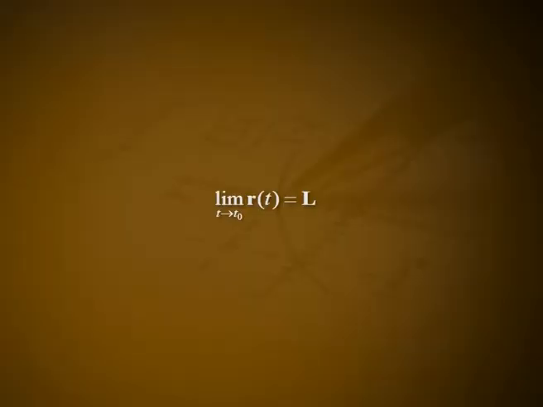We say that r has limit L as t approaches t₀, and we write the limit as t tends to t₀ of r(t) = L, if for every number epsilon greater than 0 there exists a corresponding number delta greater than 0 such that for all t, 0 < |t − t₀| < delta implies |r(t) − L| < epsilon.